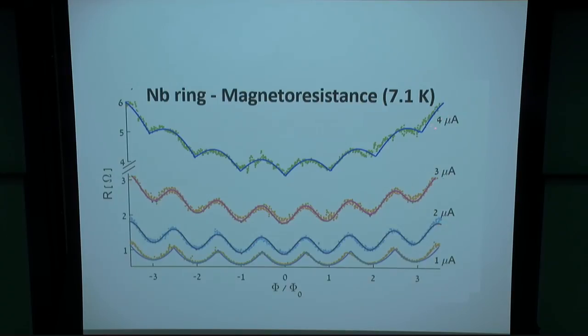And then when we go up to 4 microamps, we see a sharp behavior. So instead of the zero slope at zero field, you see now a very steep increase of the magnetoresistance close to zero magnetic field. So the question is, what's going on here?